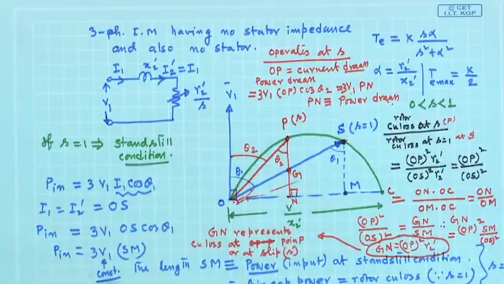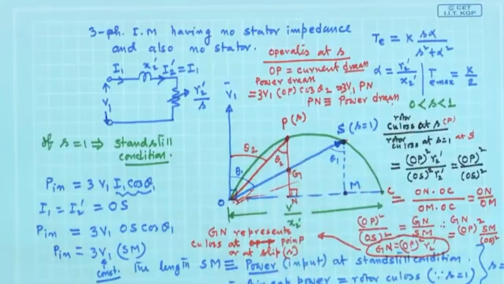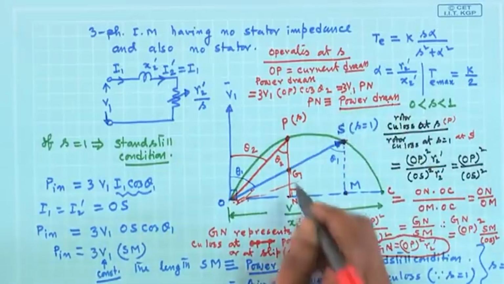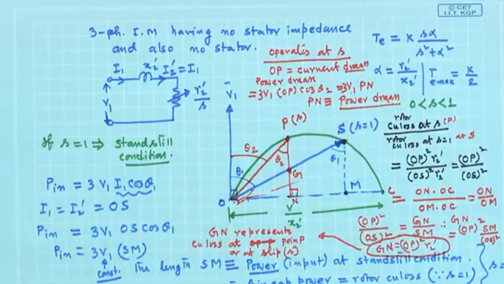That is the only place where copper loss takes place. But what is PN? PN is the total power drawn from the supply, of which GN is the rotor copper loss.